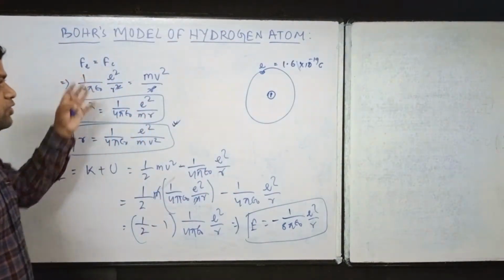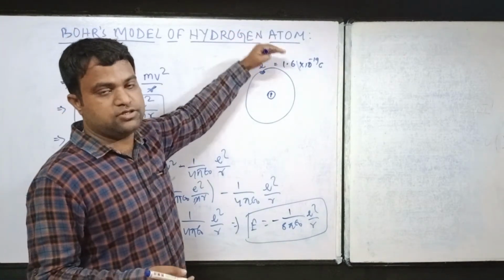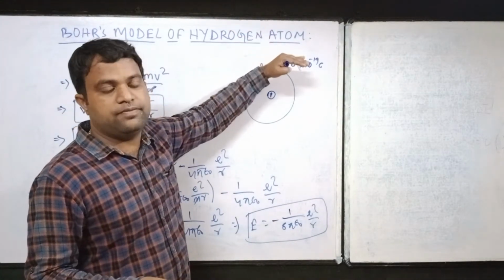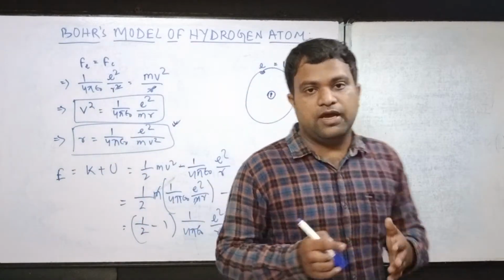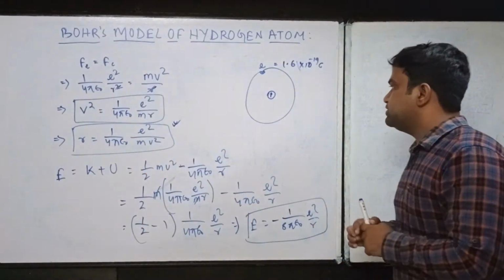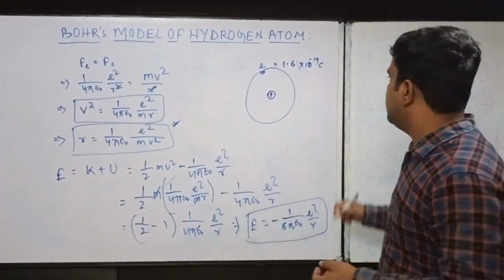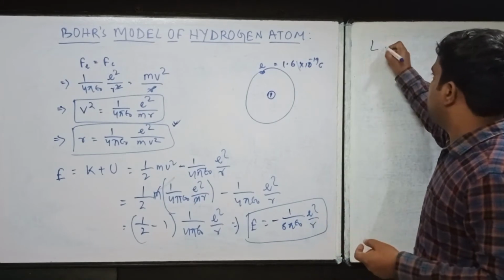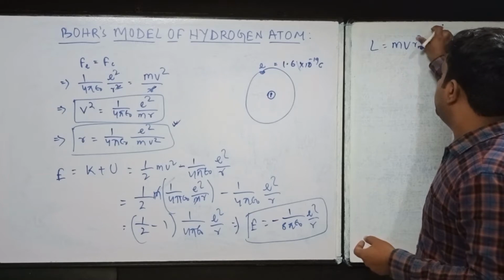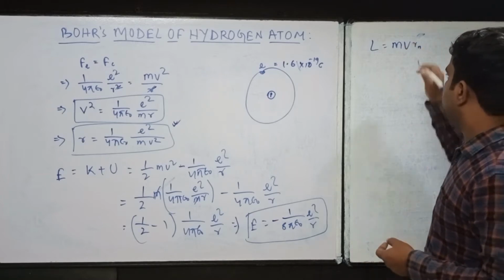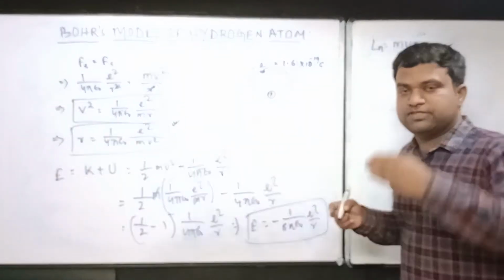So from Bohr's model, it comes up that there are some energy levels, and they are discrete in nature. So quantum mechanics comes into the picture, and the allowed energy levels are where the angular momentum of the electron is L equal to mvRn for the nth orbit, first orbit, second orbit, like that.